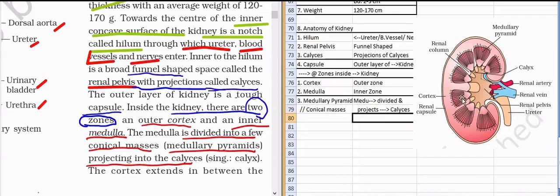This medulla is divided into some parts and then settles on these projections, the projections of the pelvis called calyces. On these it is settling.